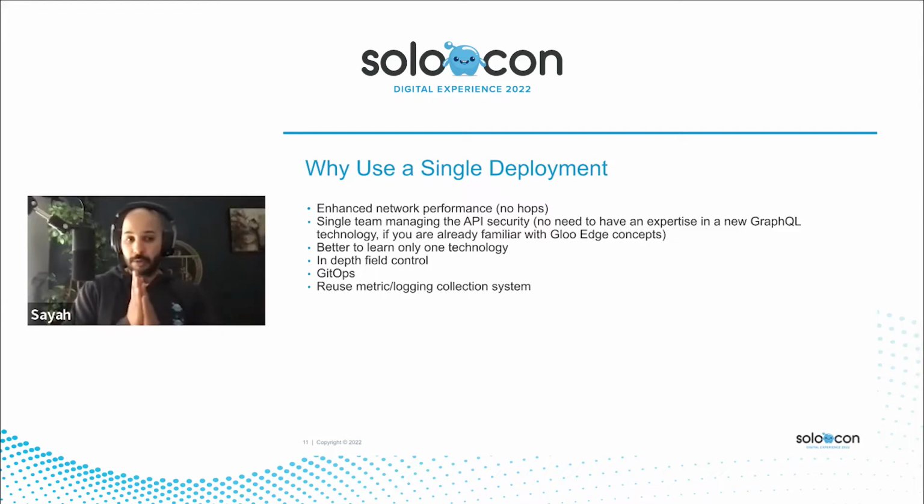Another really important concept is, if you have GitOps already today and you have pipelines to allow you to deploy configuration and secure your endpoint, if you can describe first your graph plus your security that you have on top of your GraphQL API through a GitOps approach, that's really valuable.